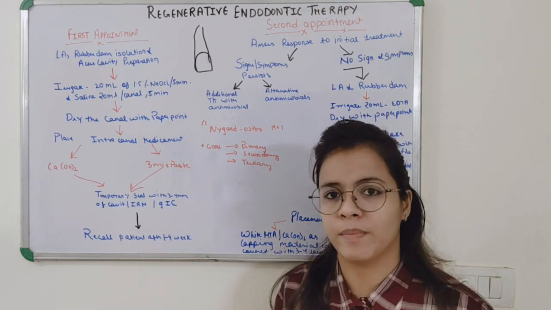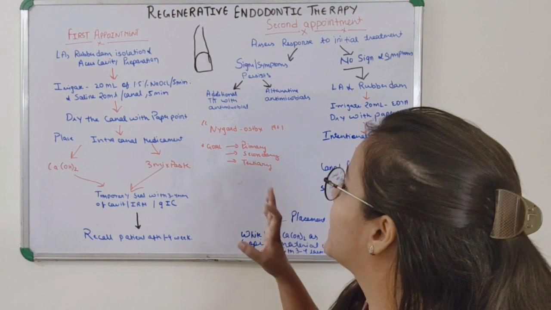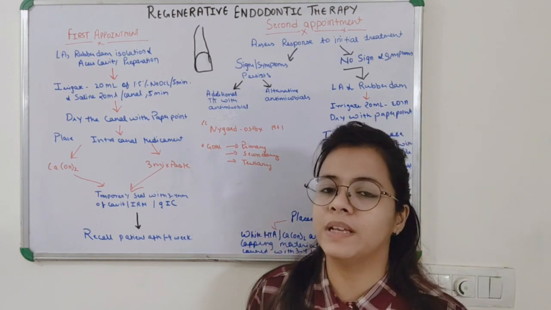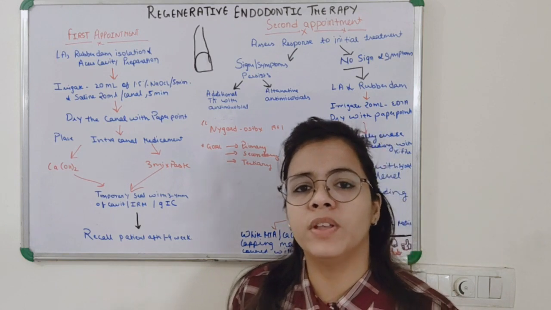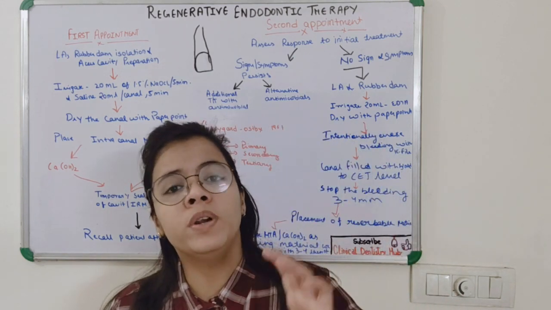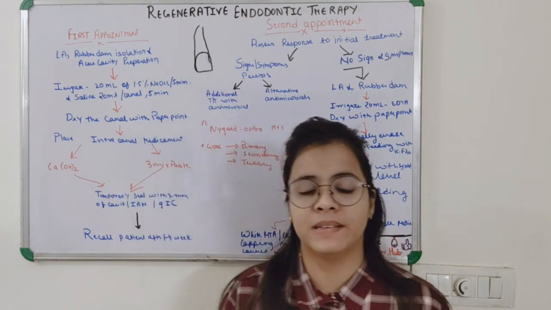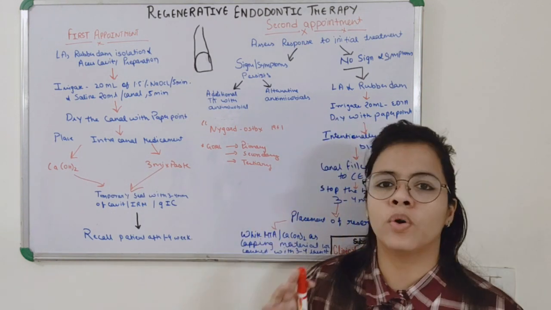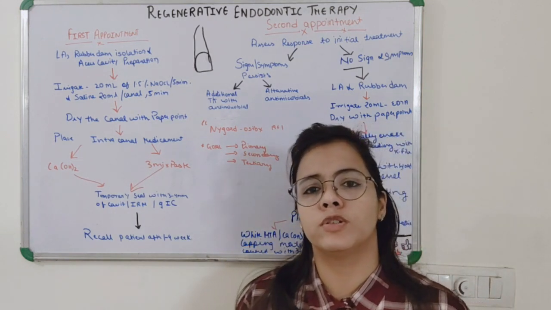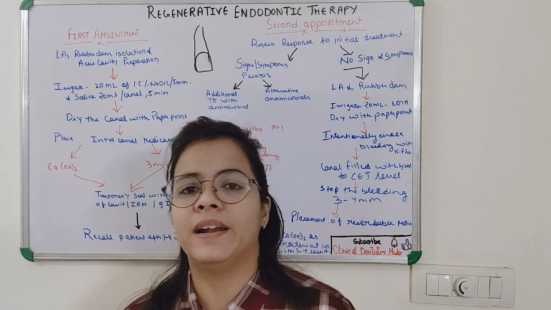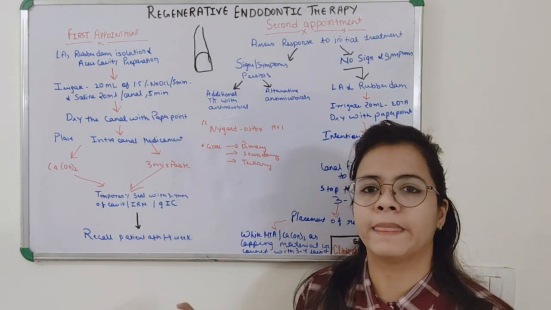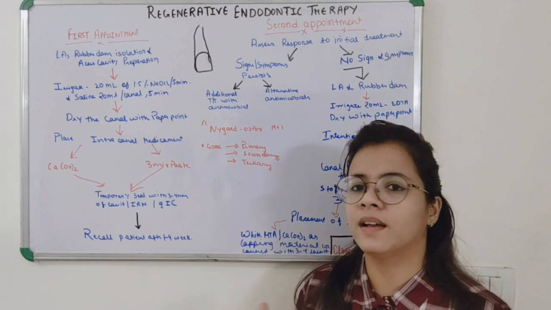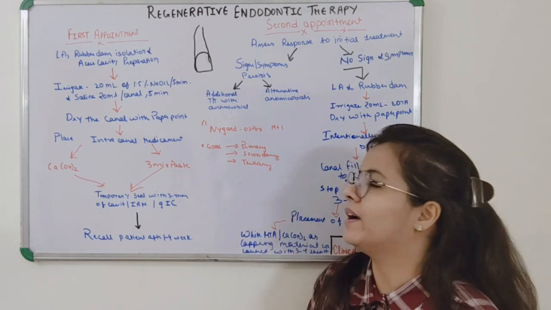The secondary goal means that there should be increased thickness of the root wall and the root length should also increase. And the tertiary goal means that the tooth should respond to pulp vitality. There should be a response of pulp vitality over there. All these things come under regenerative endodontics.